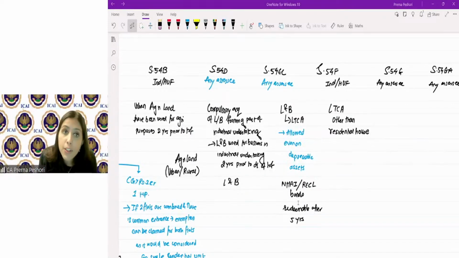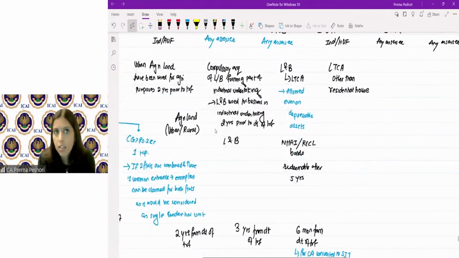You have to be just mindful that this is not a residential house. It could be a plot of land. There is no problem for claiming it under 54F. Are we getting that? It's just the condition is that it should not be a residential house. Are we clear? Now, here you have to understand what is the capital asset that has to be purchased.